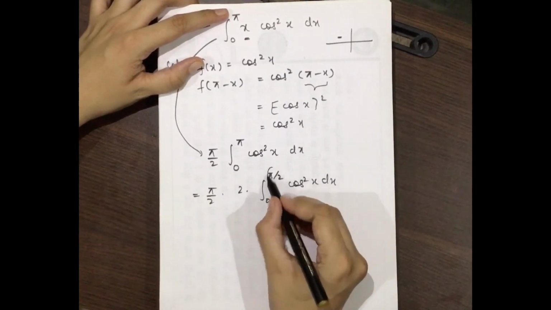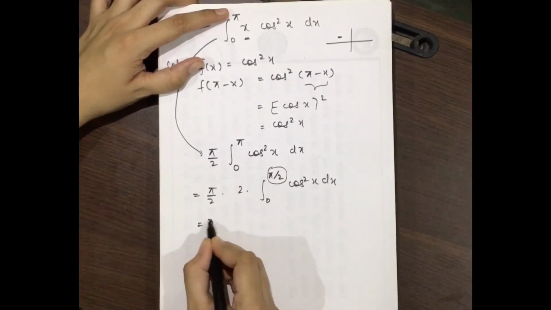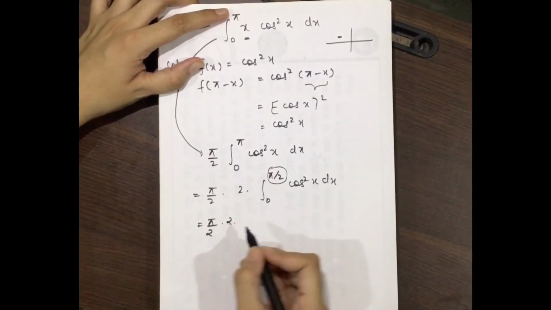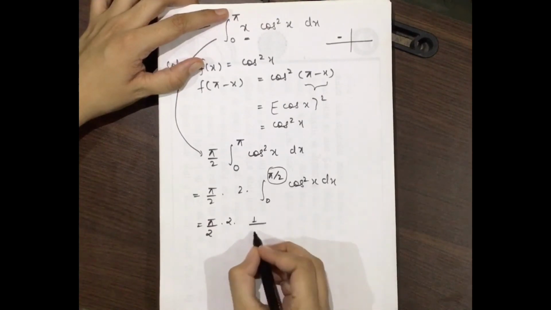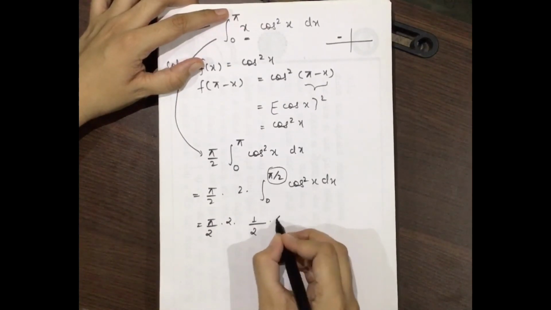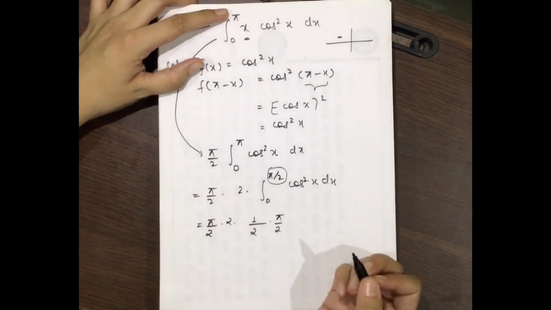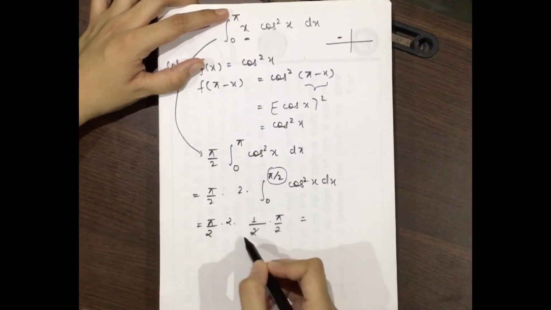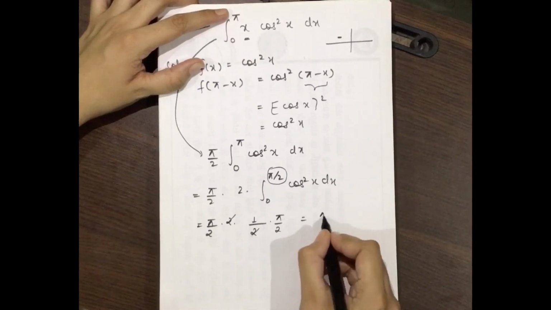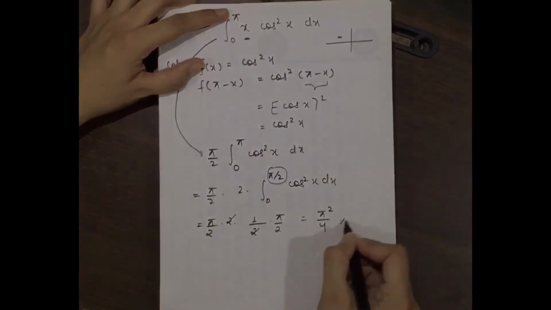Here we have applied another property. Now pi by 2 into 2. Now 0 to pi by 2 is there, and for cos square x there is (2 minus 1) upon 2 into pi by 2. So this is the answer, and here 2 gets cancelled and we get pi square by 4.